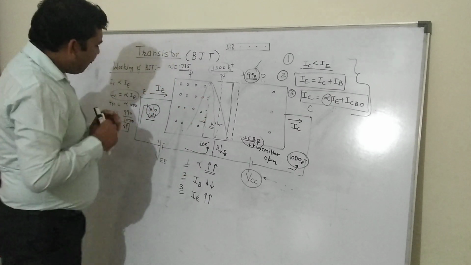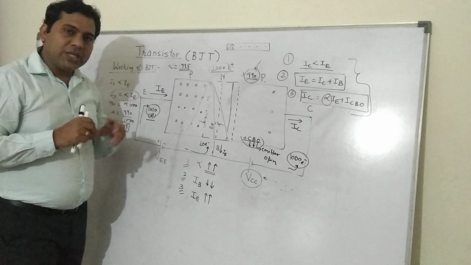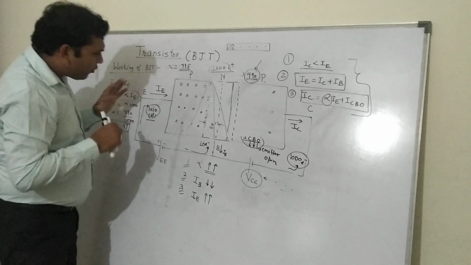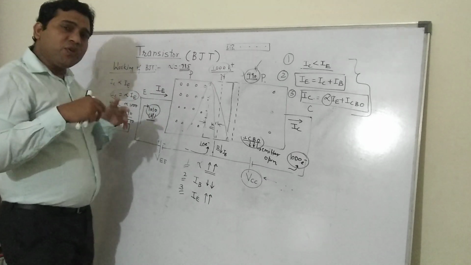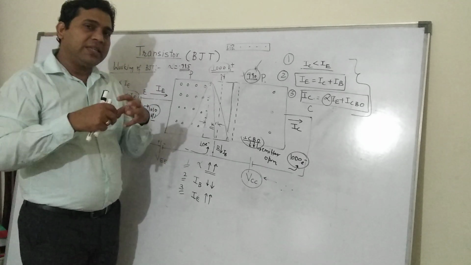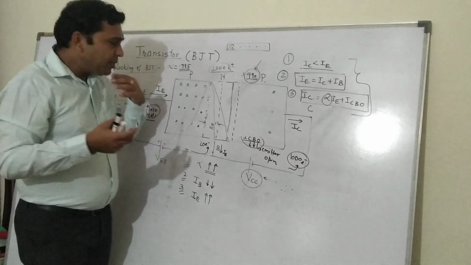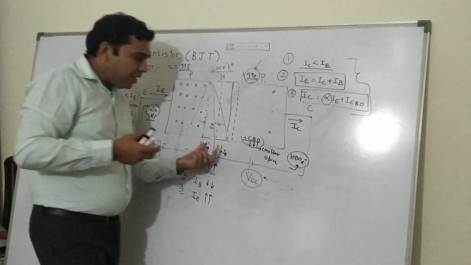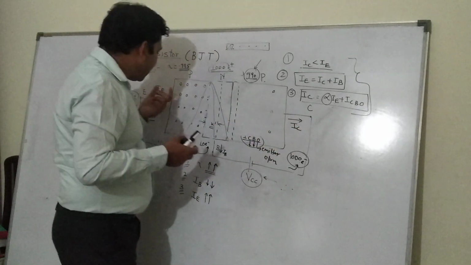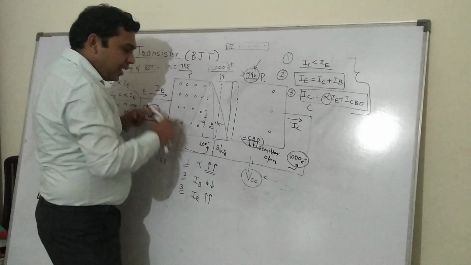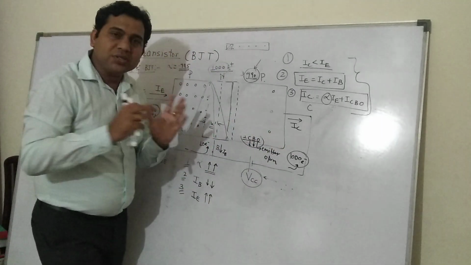One more thing before I conclude the lecture today, I wanted to emphasize that we have drawn the IE. This is very confusing for students, because when they read different books, sometimes some writers take IB negative, IC negative, IE positive. Sometimes all the books take IE, IB and IC as positive.